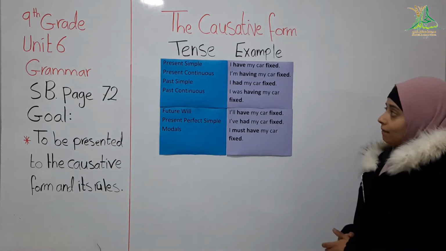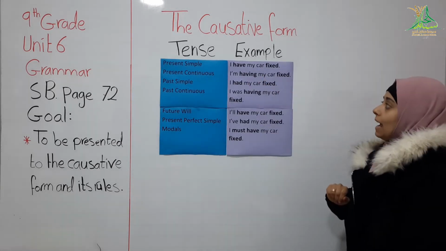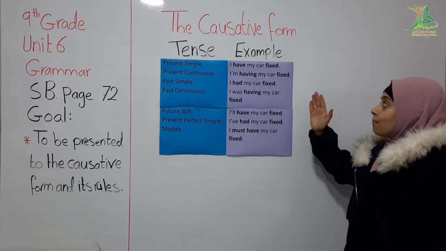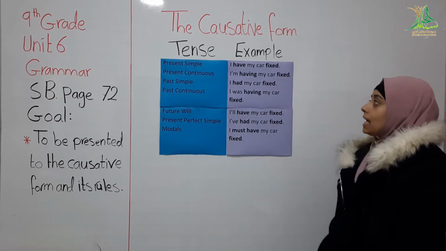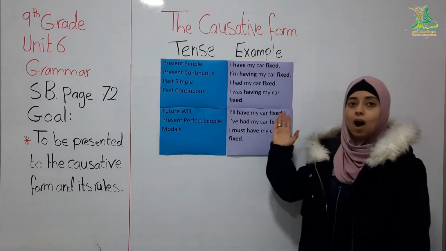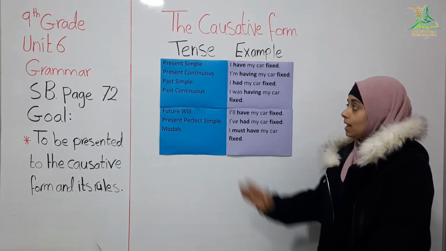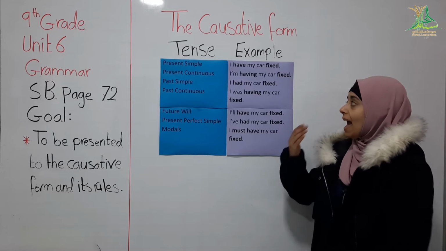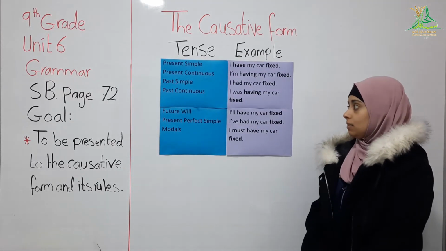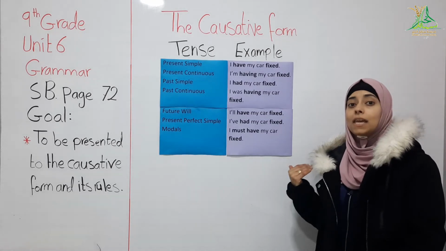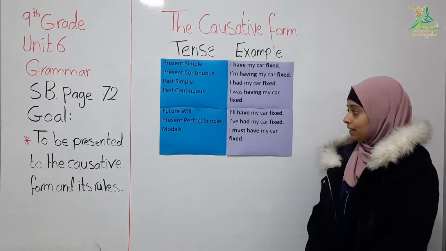So, we have present simple, an example, I have my car fixed. Present continuous, I'm having my car fixed. Past simple, I had my car fixed. Past continuous, I was having my car fixed.